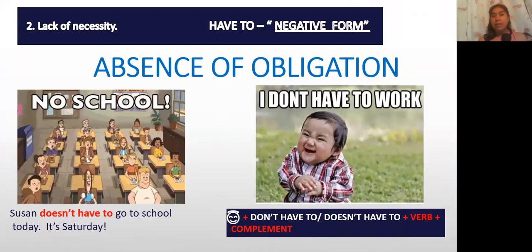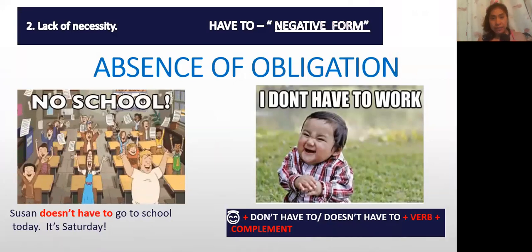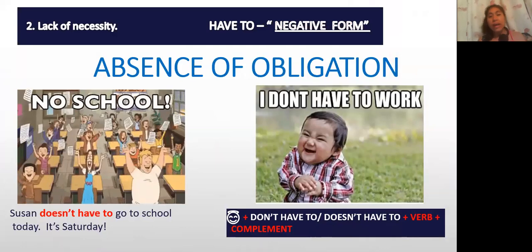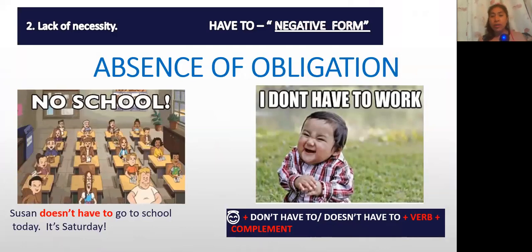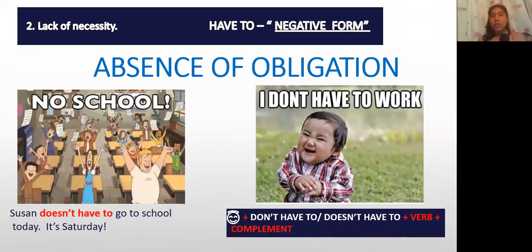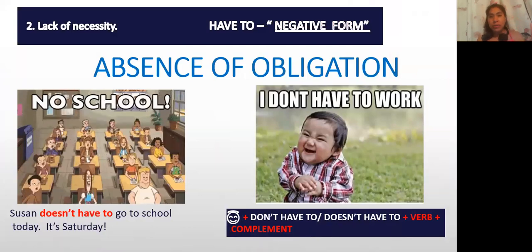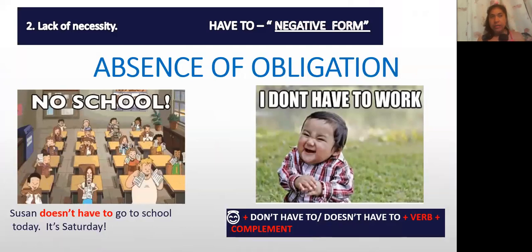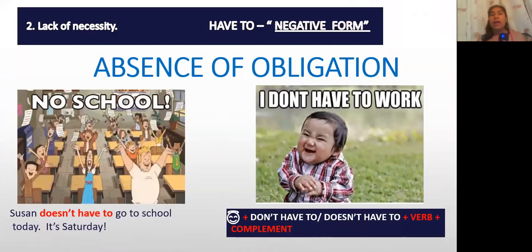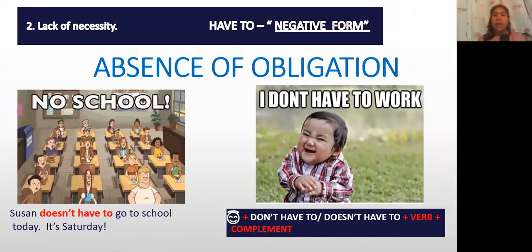For example, in my picture, you say, Susan doesn't have to go to school today. It's Saturday. Or on the right, I don't have to work if I am rich. Okay? So, we are going to make it clear. Have to in positive means an obligation from laws or rules.